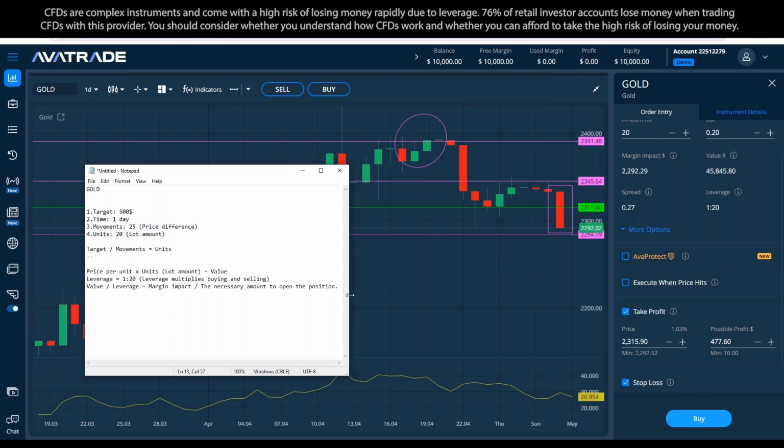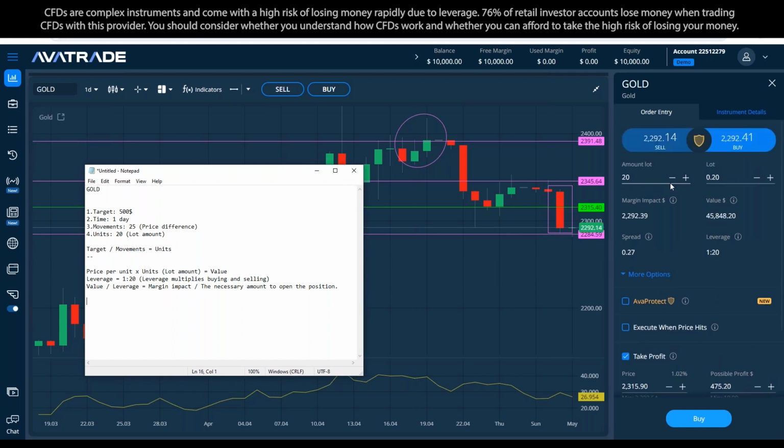Now, how does that work exactly? We are looking at the price. The price here is 22.92. Let's keep it as it is. Times 20 units, right? So we said price per unit times units. So that's times 20 equals 45,851.